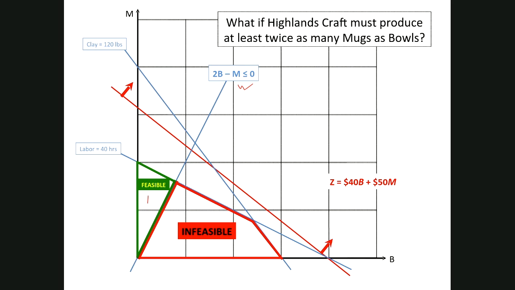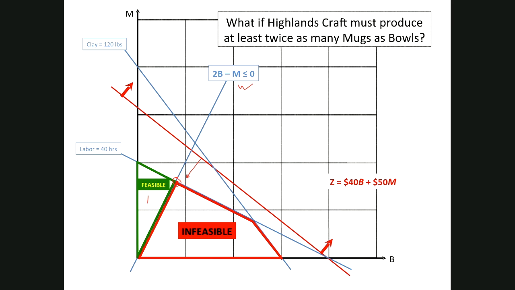So now, given our objective function, what's the optimal point? And if you can visualize this, if this objective function line lies outside of the feasible region, so if you visualize moving this line back down this direction until it first touches the feasible region, hopefully you can see that it's going to touch the feasible region at that point.